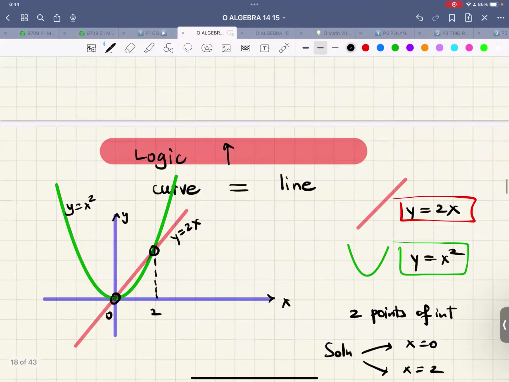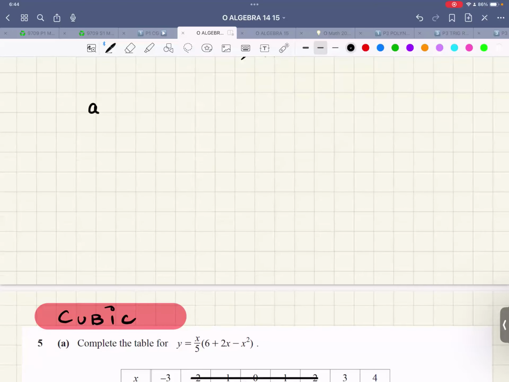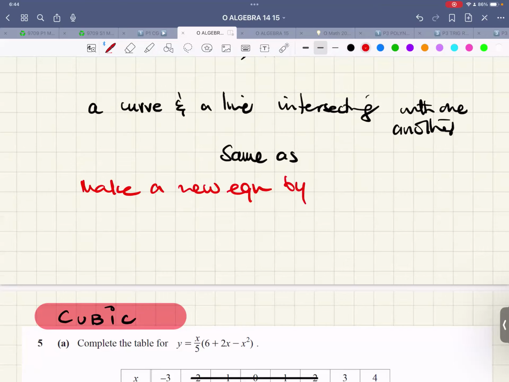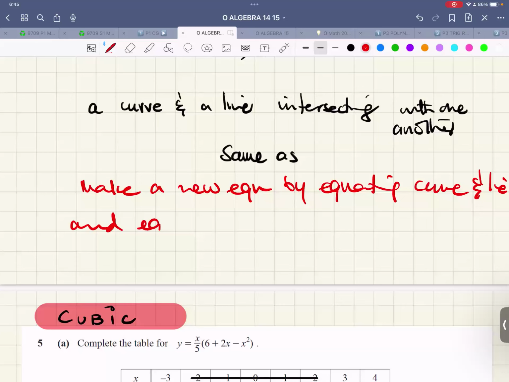The bottom line of the story is a curve and a line intersecting with one another is the same as making a new equation by equating curve and line and equating it to 0. So that will give us the same solution.